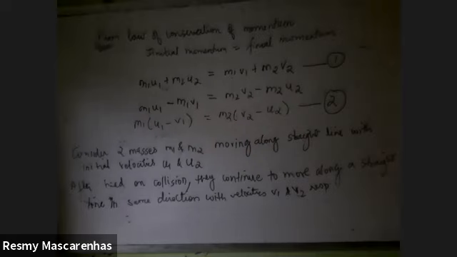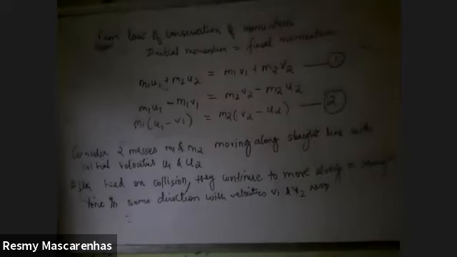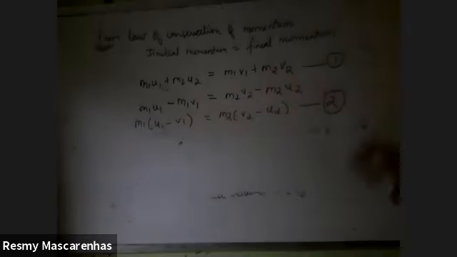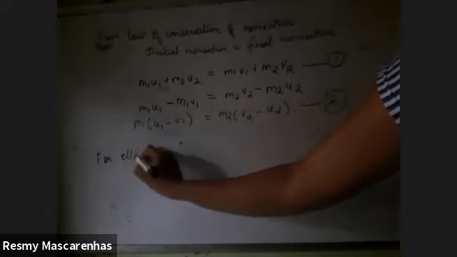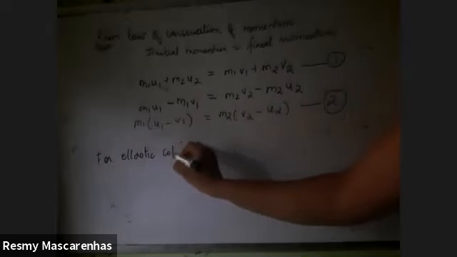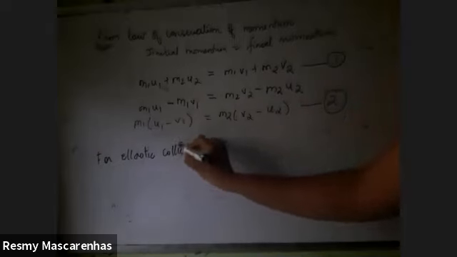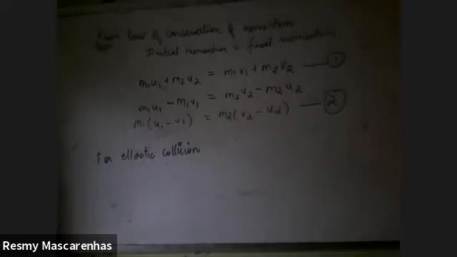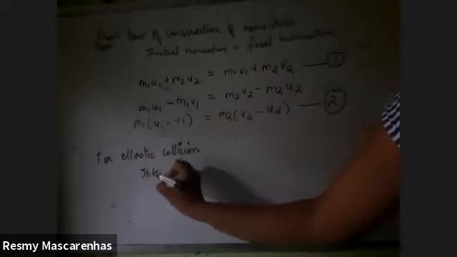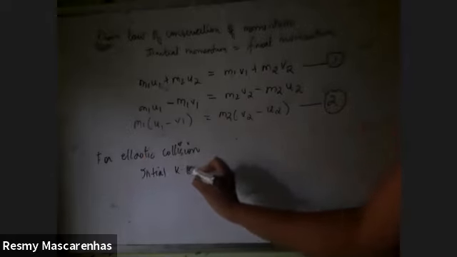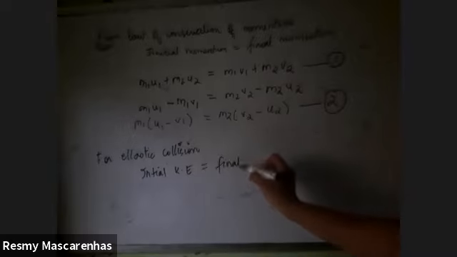Now for elastic, this is common. We know by default momentum always remains the same. The second thing is for elastic collision, kinetic energy is also the same. For elastic collision, we know that initial kinetic energy equals final kinetic energy.